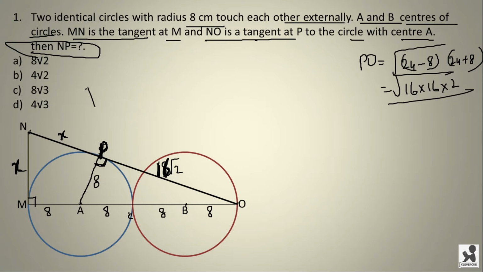Now let us apply the similarity of triangles concept over here. Now consider triangles POA and triangle NOM. Let us see.